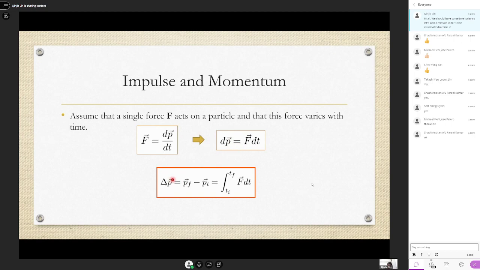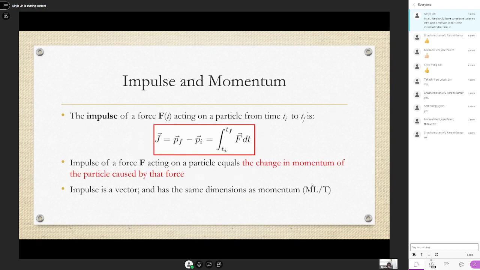So the change in momentum, delta is change, equals final momentum minus initial momentum. It equals the integral of f dt. You integrate from what value to what value depending on what you want to find. So change in p equals the integral of f dt.